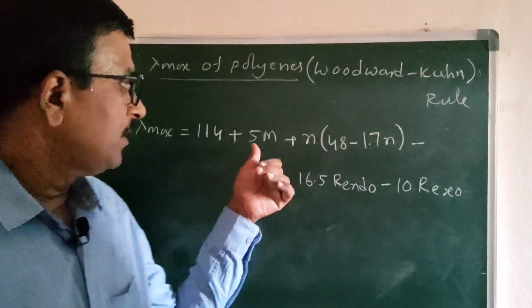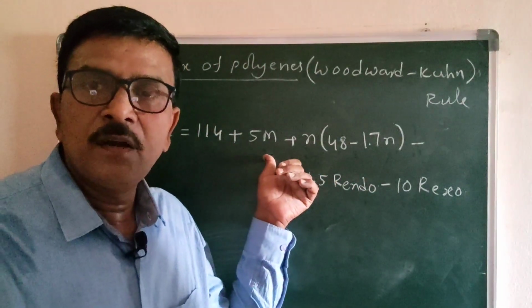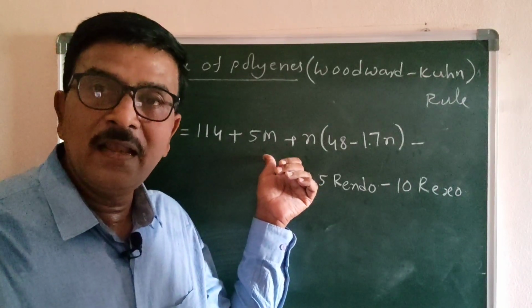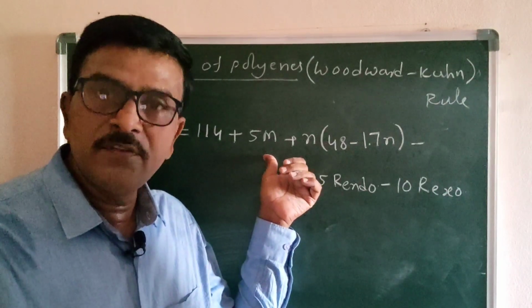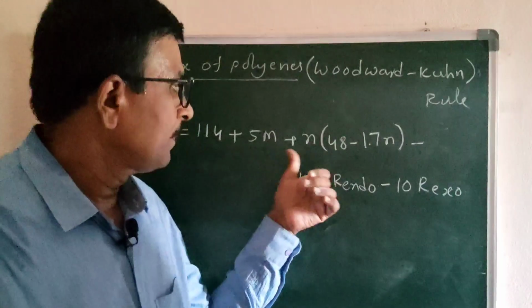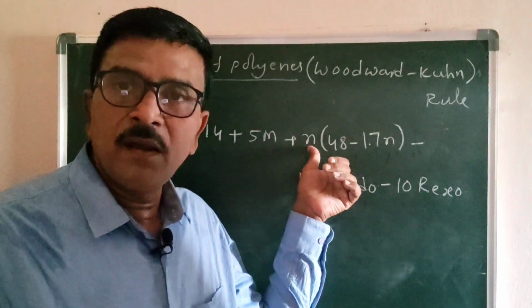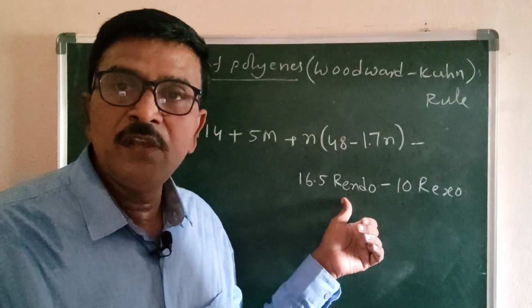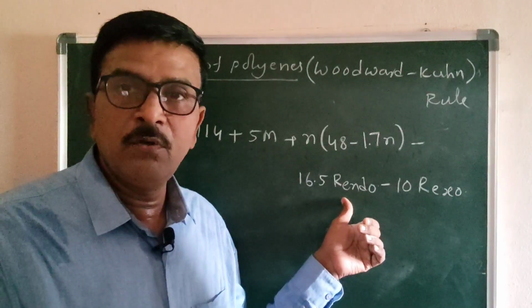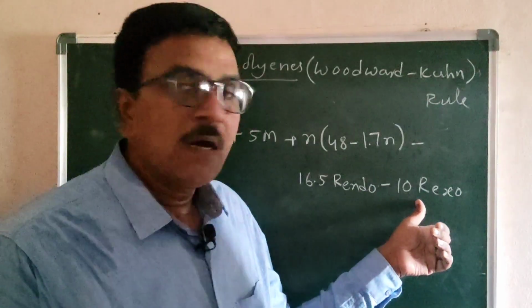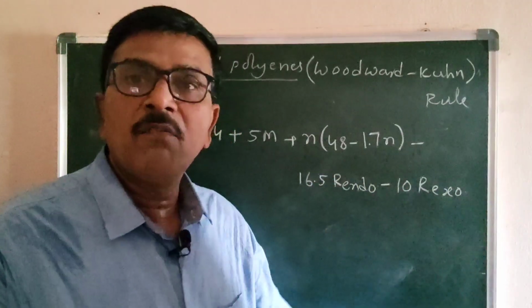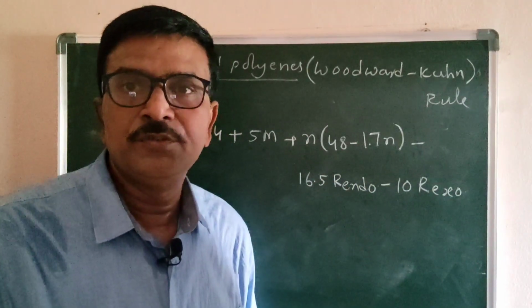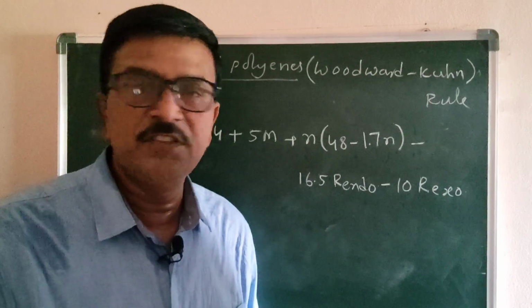Now, in this, m stands for number of alkyl or alkyl-like or ring residues attached with a conjugated system. n stands for number of conjugated double bonds. R endo is equal to number of endocyclic double bonds. R exo is equal to number of exocyclic double bonds attached with a conjugated system.